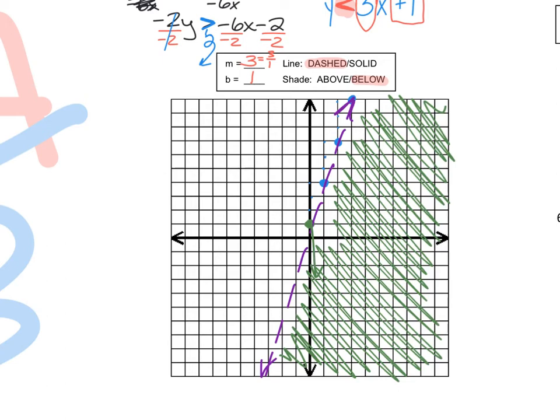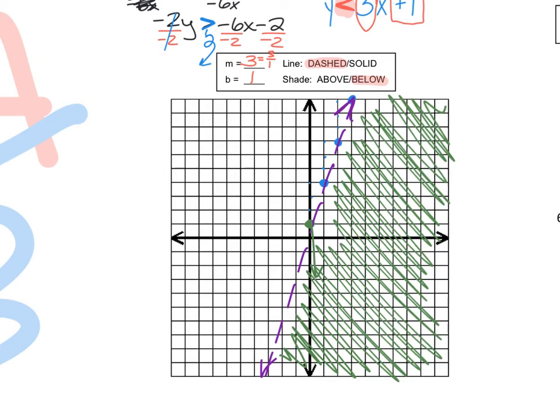Let's play a fun game right now. I'm going to plot a coordinate on this graph, and you're going to say yes if it's in the solution set, and no if it's not. Ready? Yes. Okay. How about this one? No. How about this one? Yes.